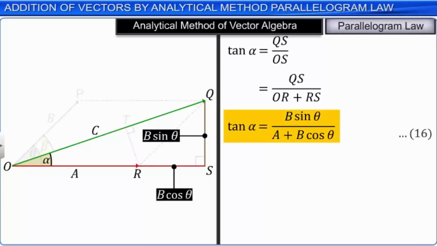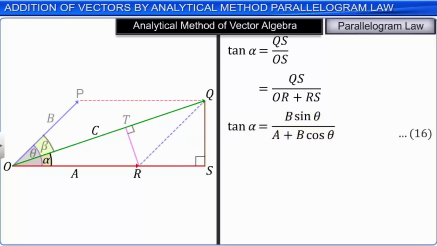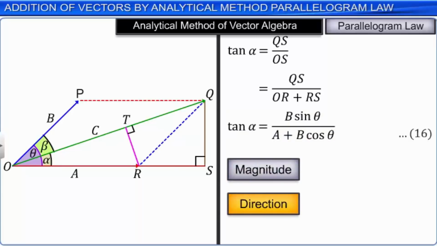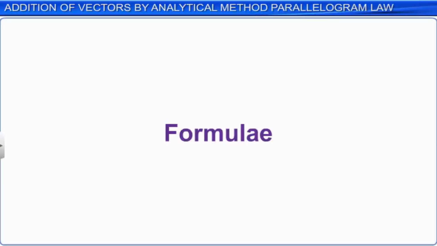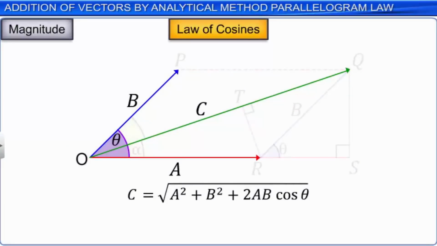C is equal to square root of A square plus B square plus 2AB cos theta. This equation is known as the law of cosines. Using this, we can find the magnitude of the resultant vector. A by sine beta is equal to B by sine alpha is equal to C by sine gamma.